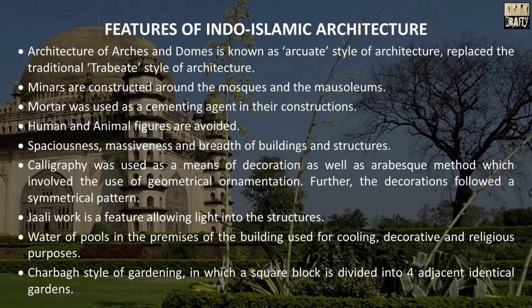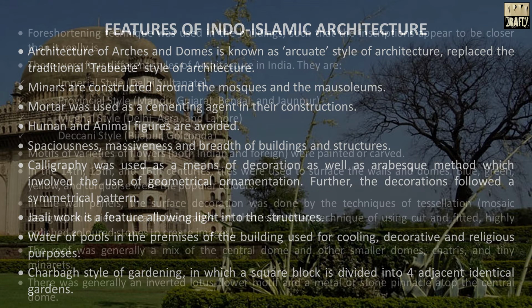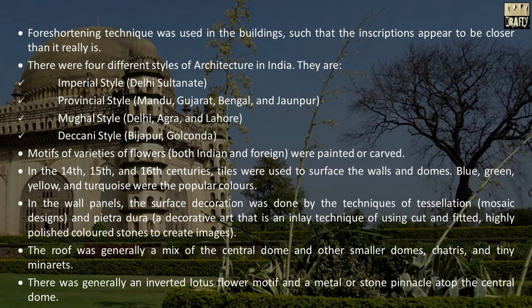Water of pools in the premises of the building was used for cooling, decorative and religious purposes. Charbagh style of gardening, in which a square block is divided into 4 adjacent identical gardens. Foreshortening technique was used in the building such that the inscriptions appear to be closer than they really are.